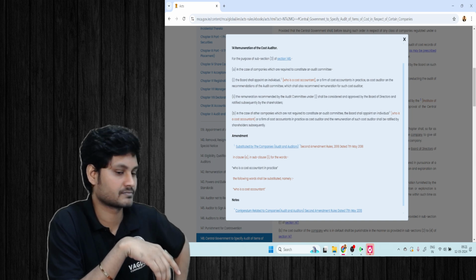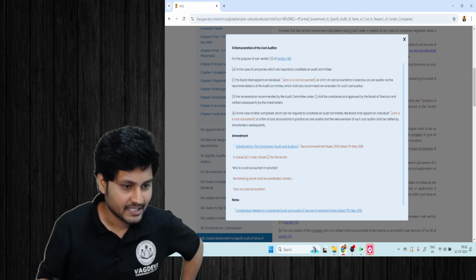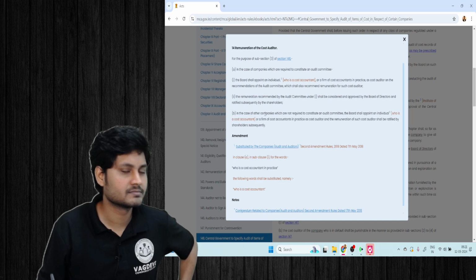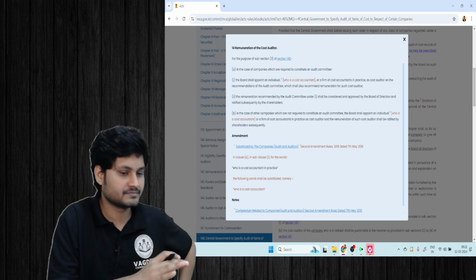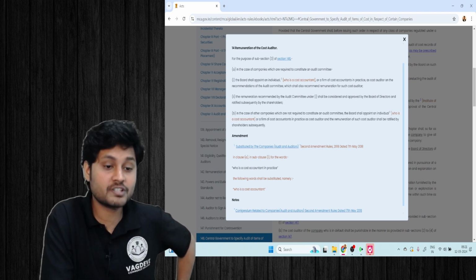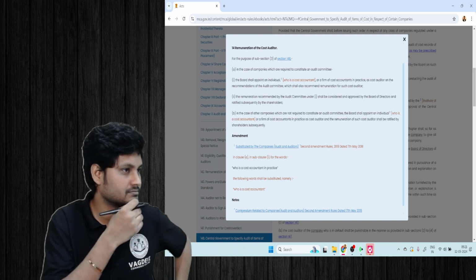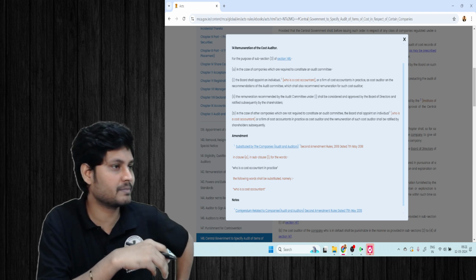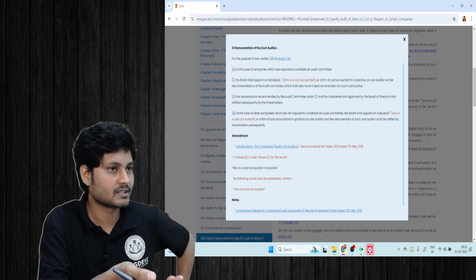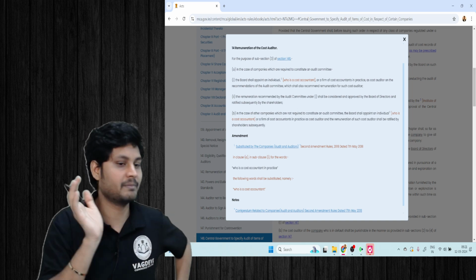Okay. So next one, in case of other companies means what? Where there is no audit committee. In case of other companies which are not required to constitute an audit committee, the board shall appoint an individual. Who shall recommend now? BOD itself will recommend the appointment of cost auditor and also recommend the remuneration to be paid, which should be ratified by members.